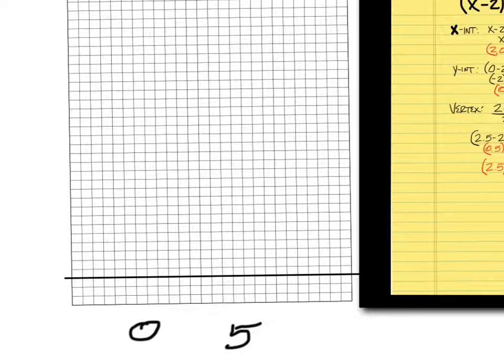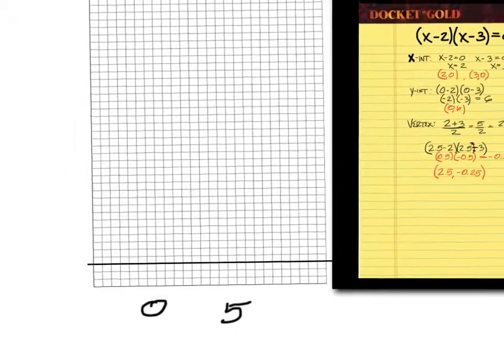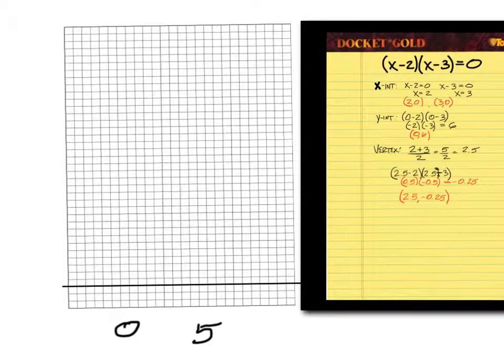And then our y-axis, since we're going from 0 to 5 on the x, shouldn't be too far away. My graph is tilted just a little bit. Alright, we'll go there, try to line it up as best as we can. We'll do that. So we have a y-axis, x-axis, arrows on both.